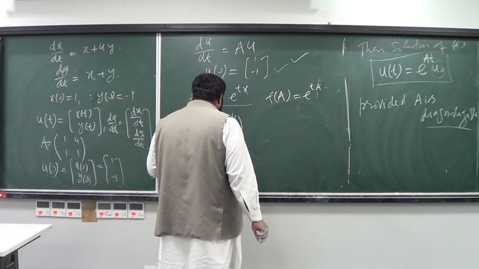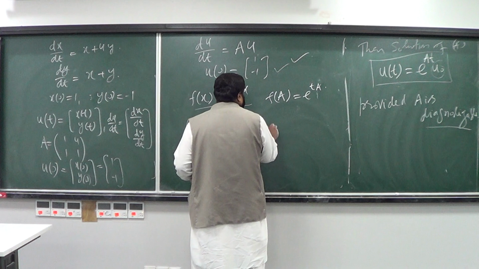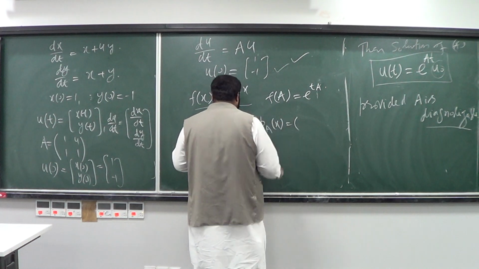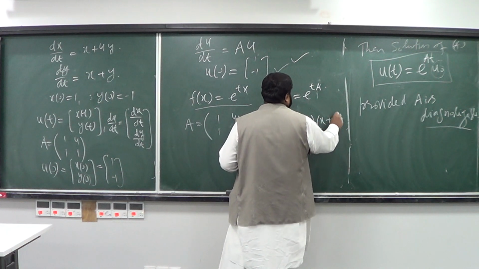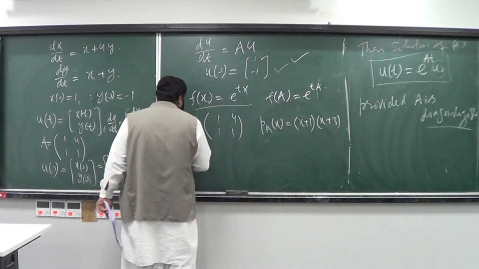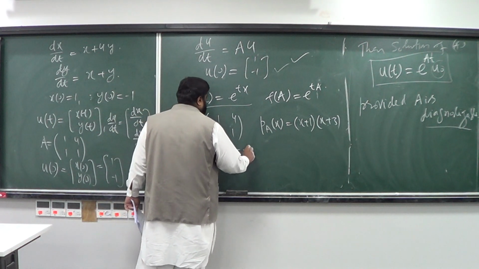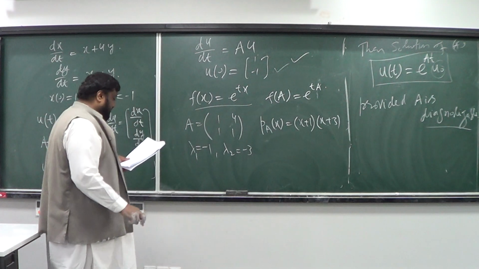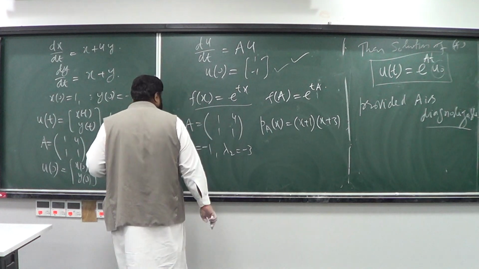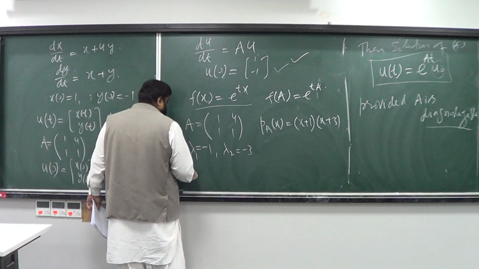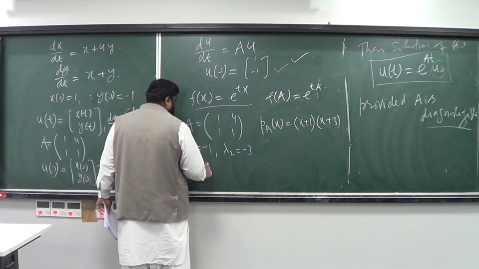You can compute its characteristic polynomial, and it turns out its characteristic polynomial is (x plus 1) times (x plus 3). So this polynomial has two eigenvalues, one is -1 and the other is -3. Corresponding to each eigenvalue you can compute the eigenvector.